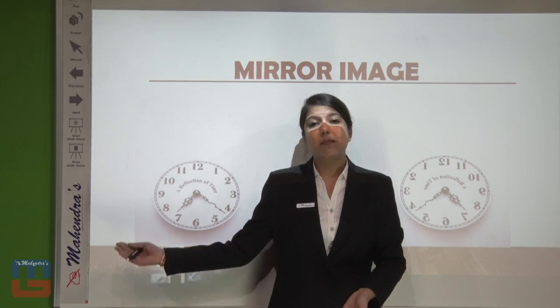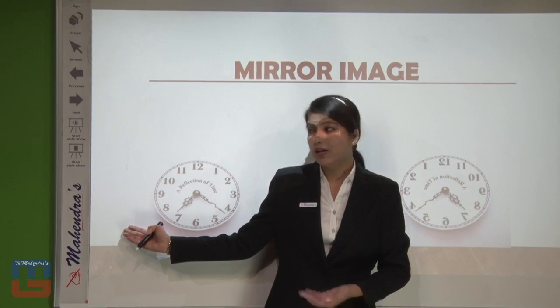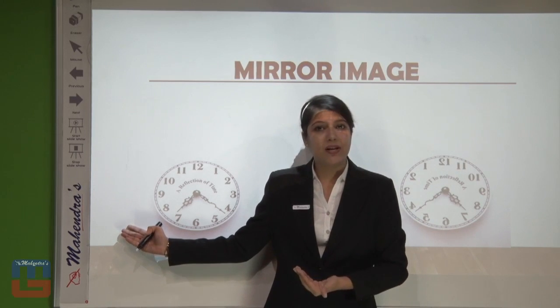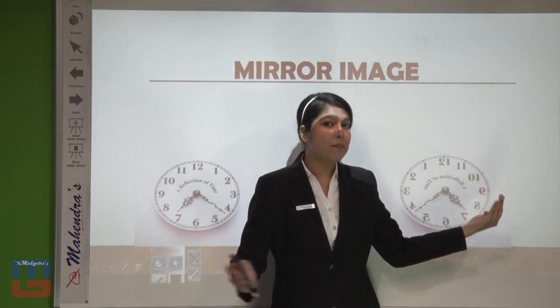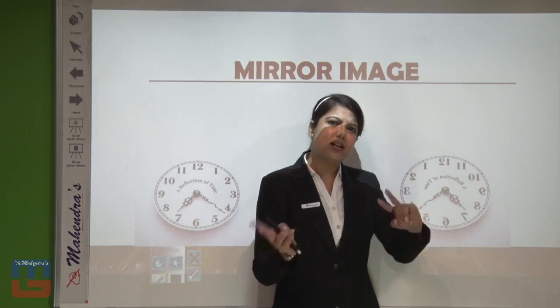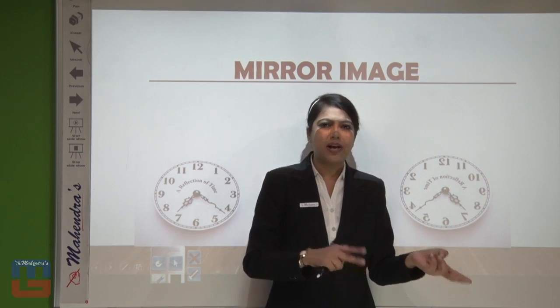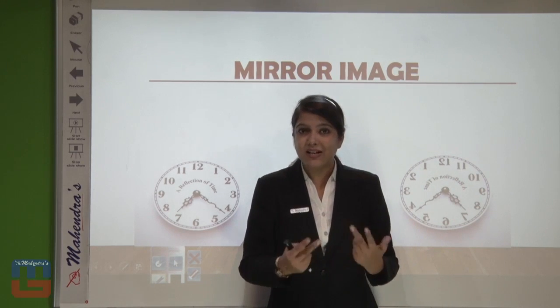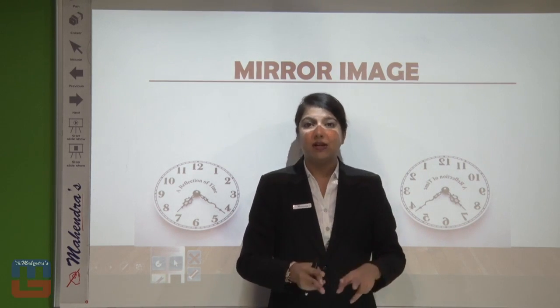The timing shown over here is about 7:25, and when it reflects in the mirror it is shown as 7:25, but the digits have moved from left to right and right to left.